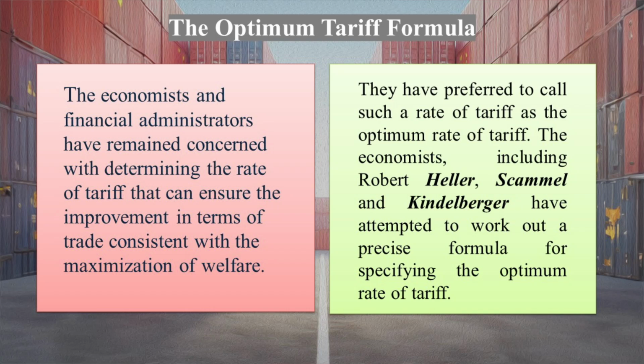They have preferred such a rate of tariff as the optimum rate of tariff. The economists, including Robert Heller, Samuelson and Kindleberger, have attempted to work out a precise formula for specifying the optimum rate of tariff. So after long discussion, they have found a formula that will determine the optimum level of tariff for a country.